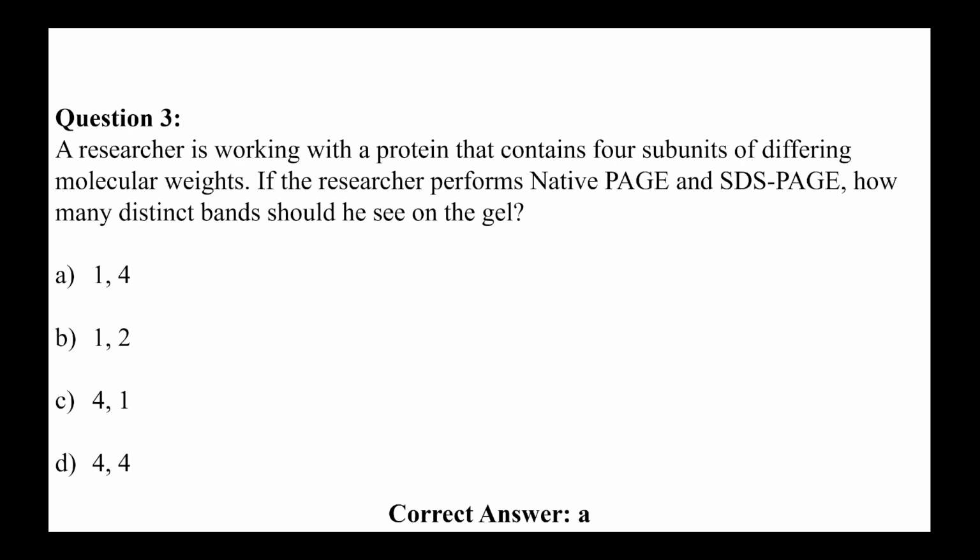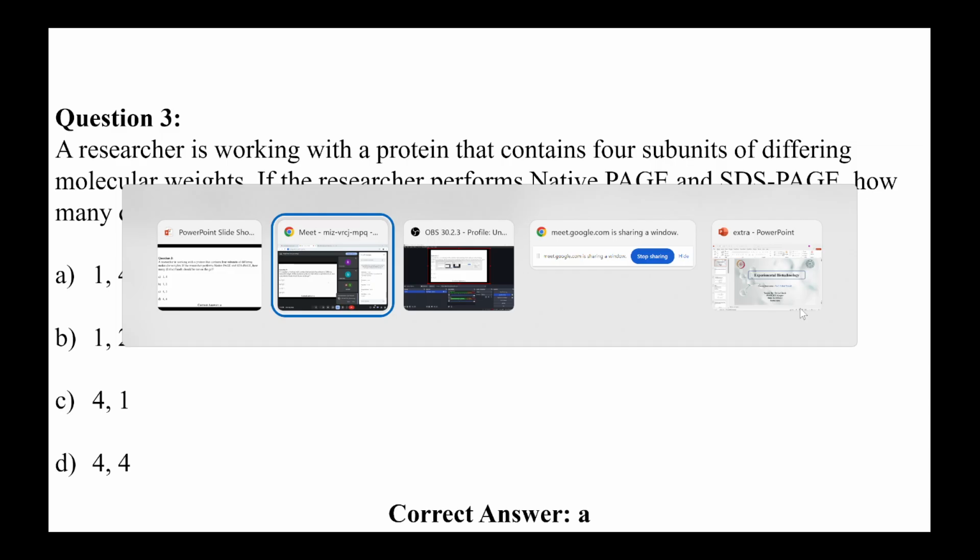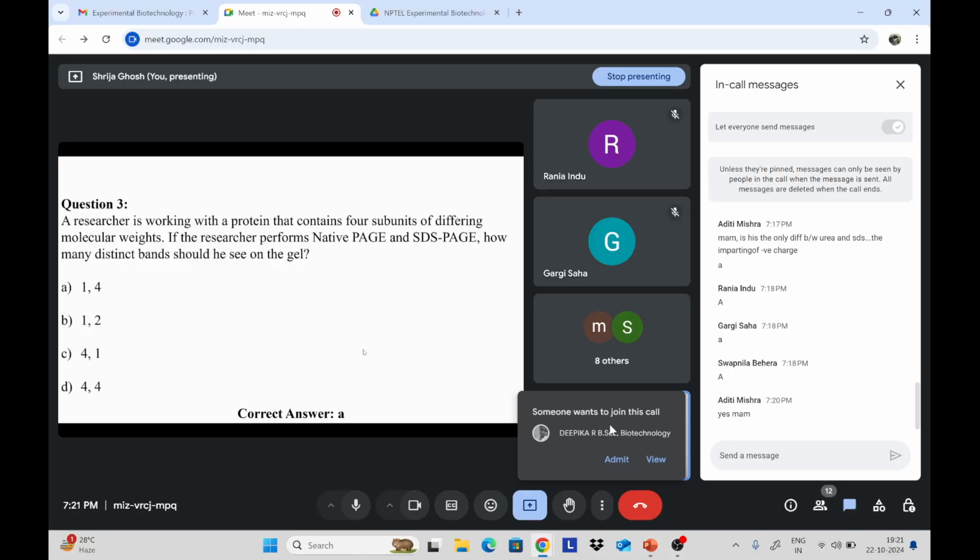So you are right. The difference between native and SDS PAGE is the presence and absence of denaturing and reducing agents. So in SDS PAGE, we have SDS and beta mercaptoethanol or DTT in the loading dye in order to completely reduce the disulfide bonds and to denature the proteins.